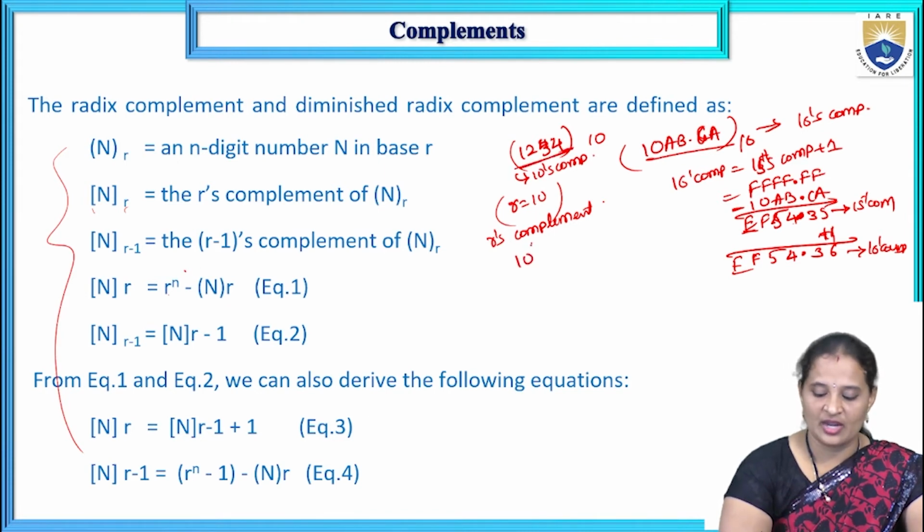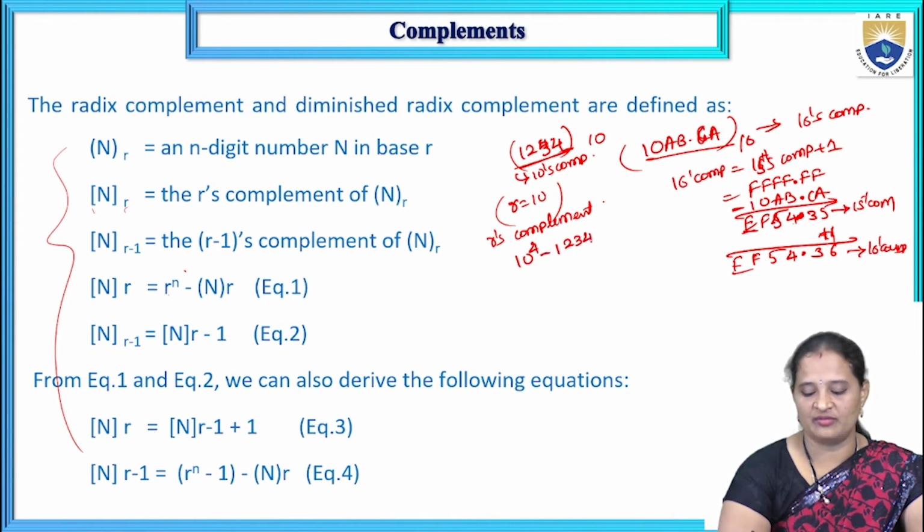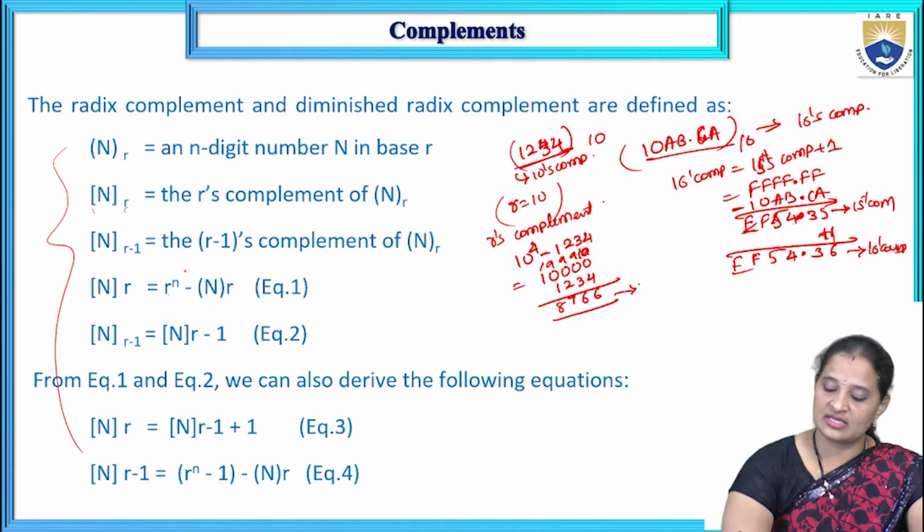So that is why 10 to the power of 4, which is 10000, minus the number 1234. How much will I get? 8766. This is the answer, so this is the tens complement.